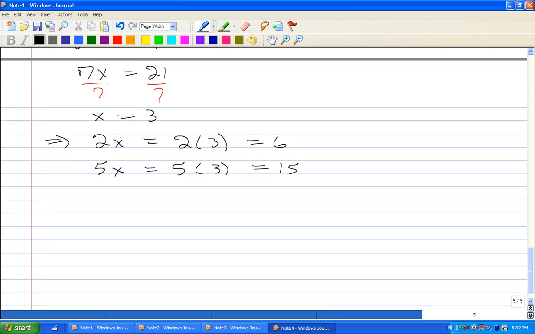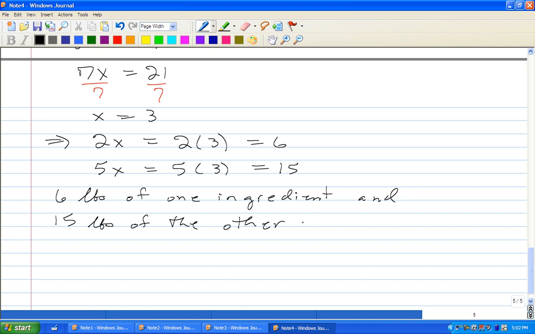Therefore, you have 6 pounds of one ingredient and 15 pounds of the other ingredient.